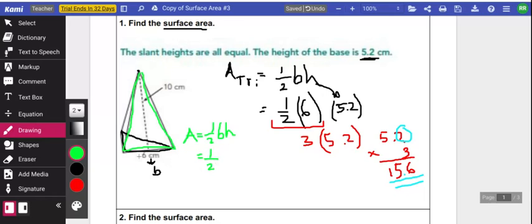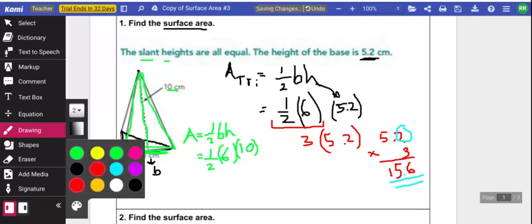Of course, area of triangle is 1/2 times base times height. So I'll have 1/2 times the base of 6 and times the height. Remember the height here, this slant height, just means how far it is from here to the top of the vertex. And here I'm told that's 10.